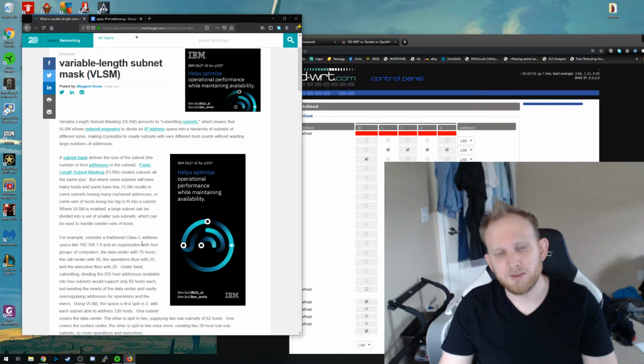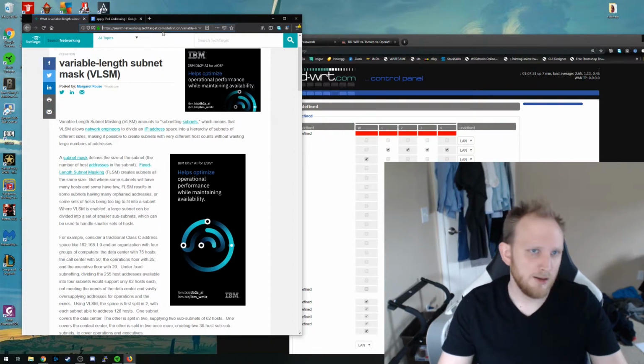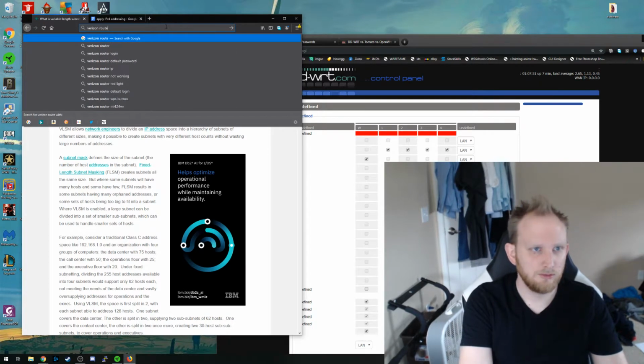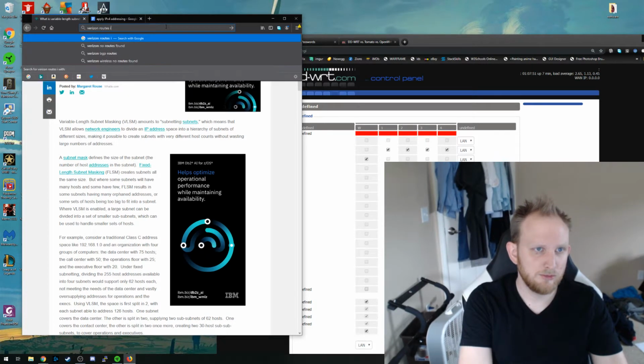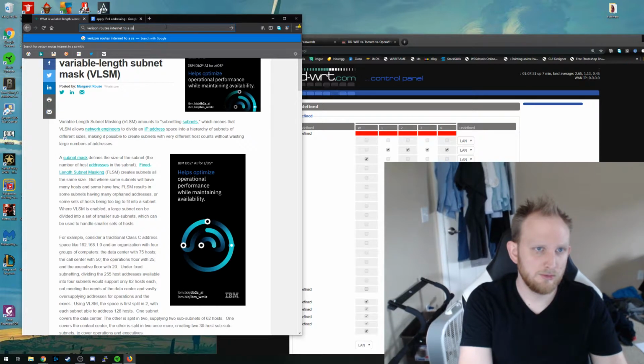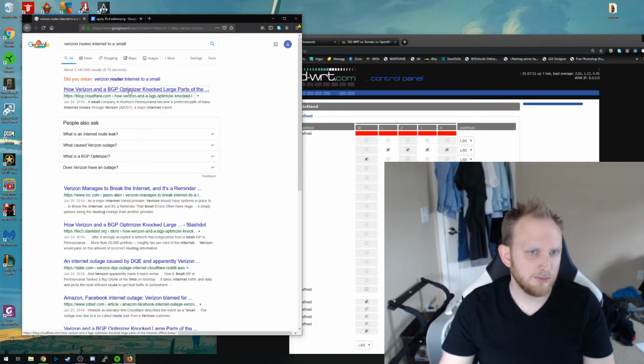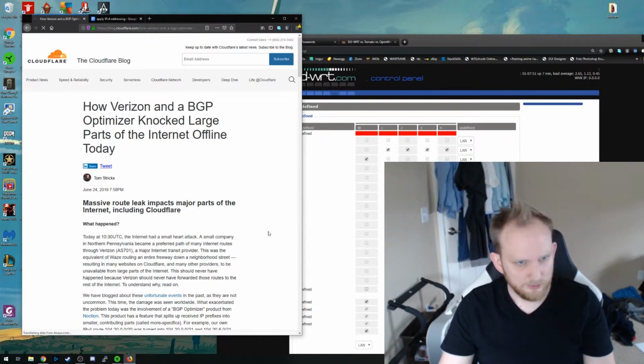Subnet masking reminds me of the conflict that happened a couple weeks ago where a small internet provider... yeah, this is an interesting article.